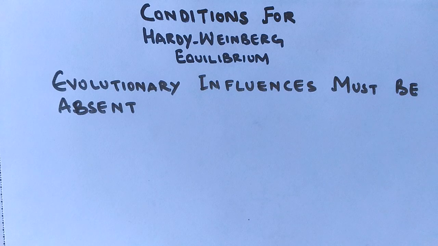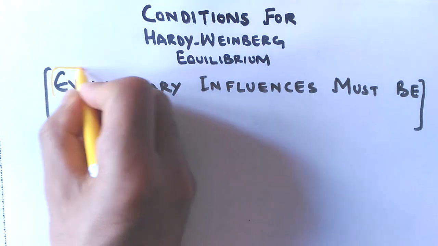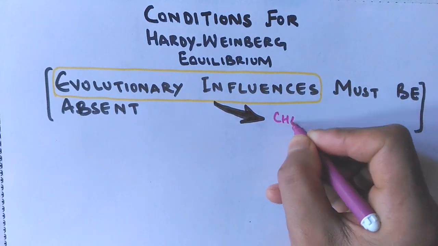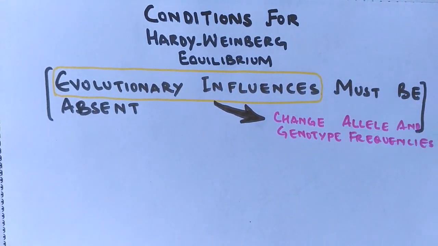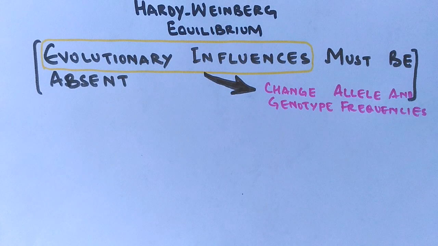In that case, there is no evolutionary change within the population, because these evolutionary influences tend to change allele and genotype frequencies within the population. When these evolutionary influences are absent, that means change in allele and genotype frequencies are also absent. That means there will be no evolution within the population. So the population can be said to be at equilibrium.